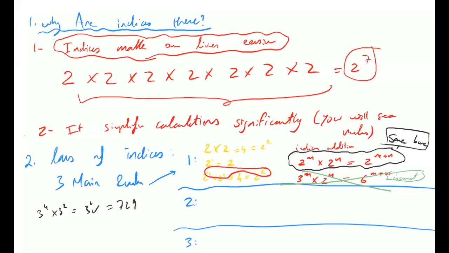729. So what about 3 power 4 times 2 power 2? What is that? Send answers to me privately on the chat. What's 3 power 4 times 2 power 2? Is it 6, 4 plus 2?